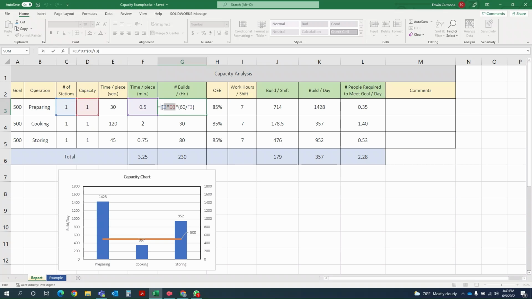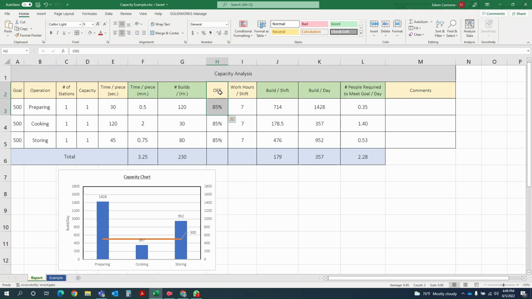So that's what's multiplied. It's this times the number of pieces by the hour, which is in this case 60 divided by this value here. When you're running time studies, it's easier to see how much time it's taking in seconds, so this is just an easy conversion factor.